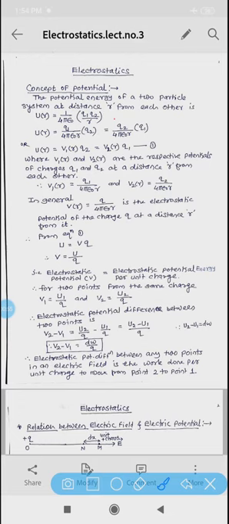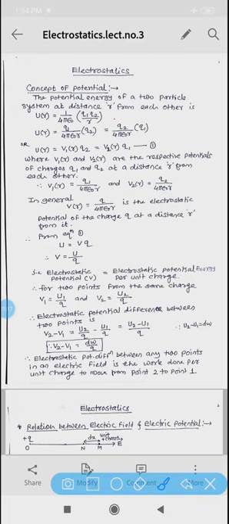This equation can also be written as U(r) is equal to q1 upon 4 pi epsilon 0 r in bracket multiplied by q2, or q2 upon 4 pi epsilon 0 r multiplied by q1.